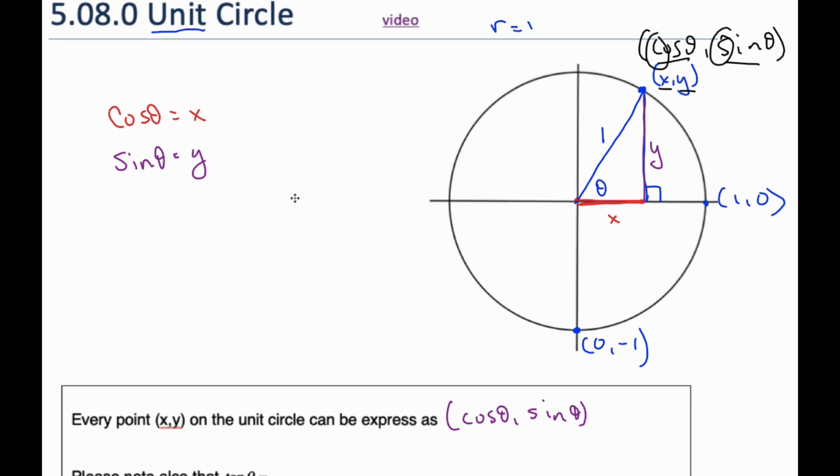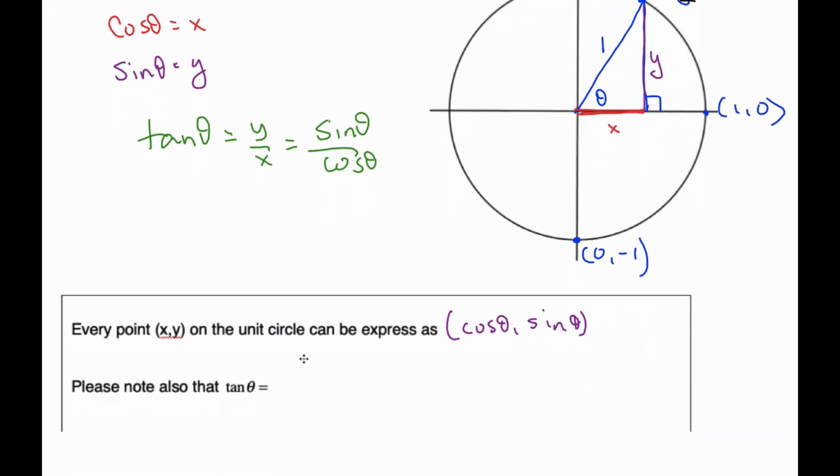Okay, so I have sine and cosine, but I also know that tangent theta is equal to opposite over adjacent. So tangent is equal to y over x, but if I know y is sine and x is cosine, then tangent theta is also equal to sine theta over cosine theta.